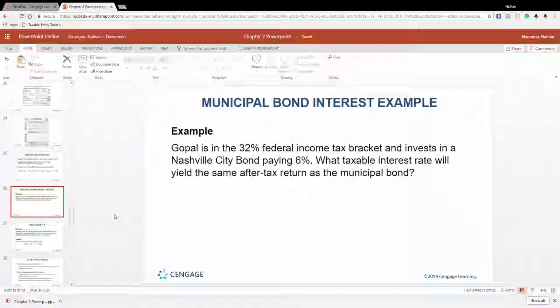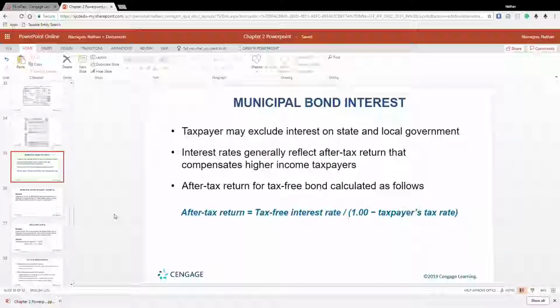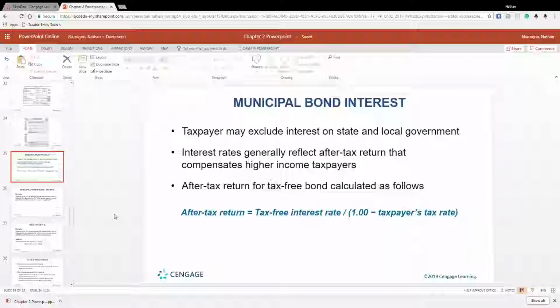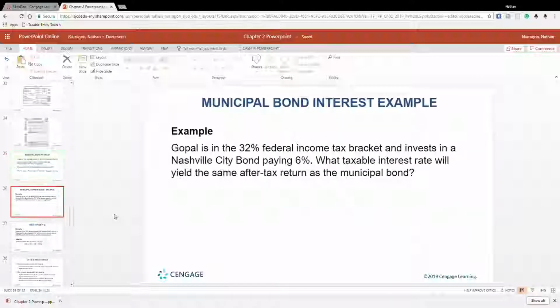Gopal is in the 32% federal income tax bracket and invests in a Nashville city bond paying 6% interest. What taxable interest rate will yield the same after-tax return as the municipal bond? Well, we get into our formula: we have our tax-free interest rate, and then divide by 1 minus the taxpayer's tax rate.